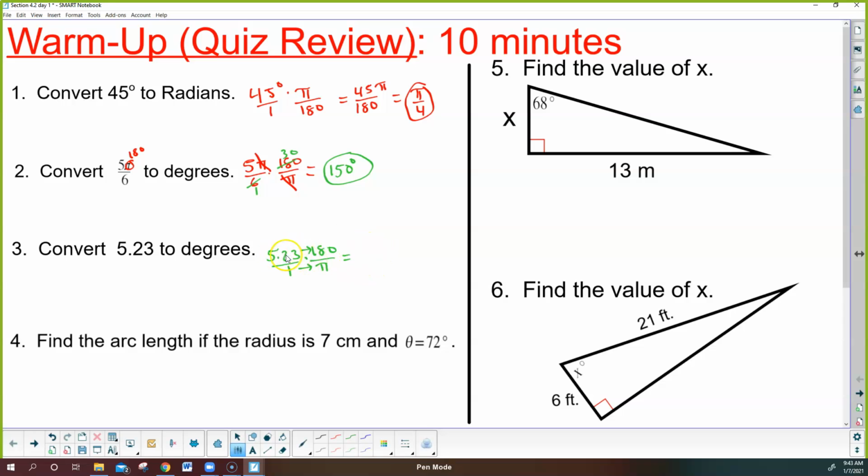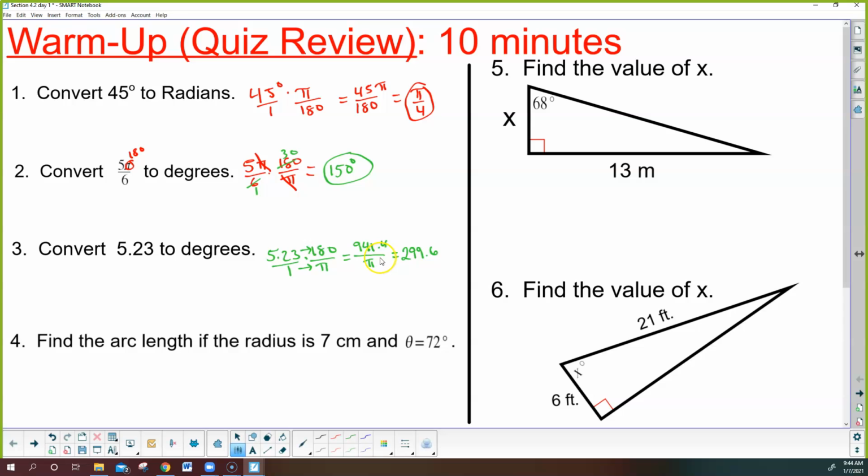I'm going to do it all at once. So if we multiply the numerators together, we get 941.4. And then I'm going to use the pi button. And I always recommend using the pi button. When you divide, don't use 3.14. If you use 3.14, that's rounded automatically, and pi goes on forever.